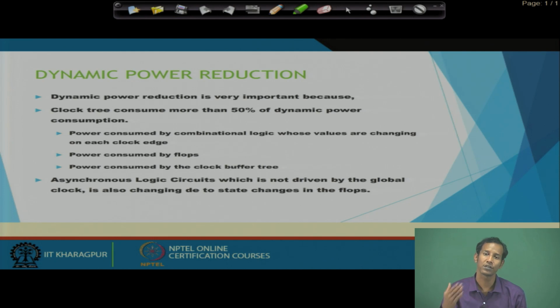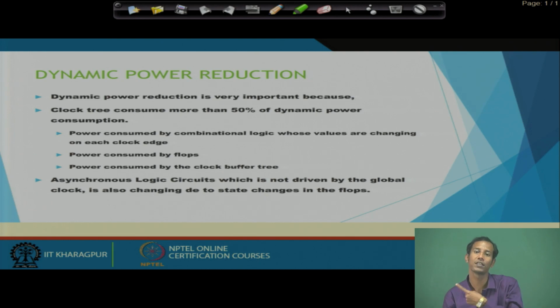Continuous means it is continuously supplying the clock signals to all the sequential elements in your circuit. Depending on the frequency we have chosen, the clock is sometimes 1, sometimes 0, sometimes 1, sometimes 0.